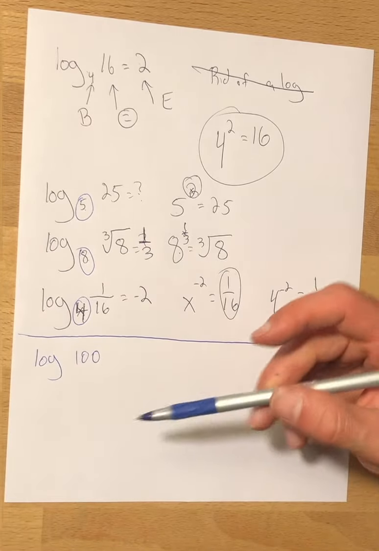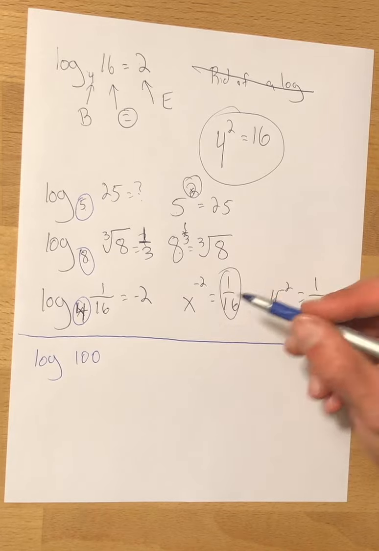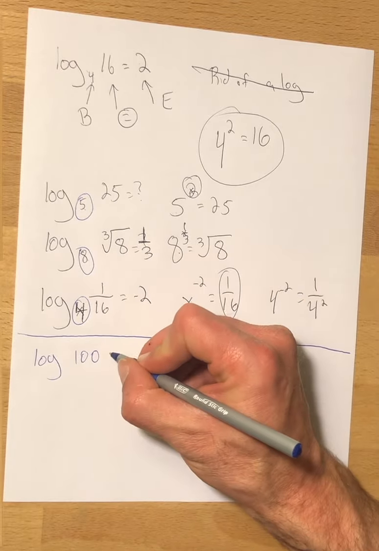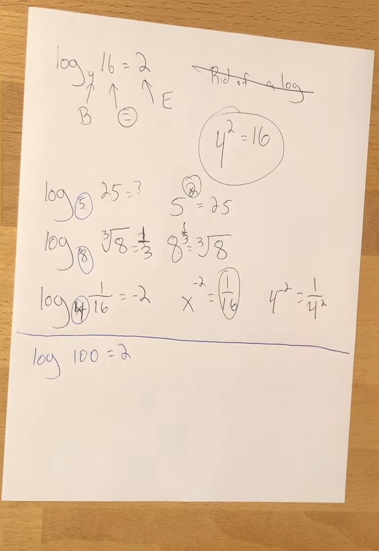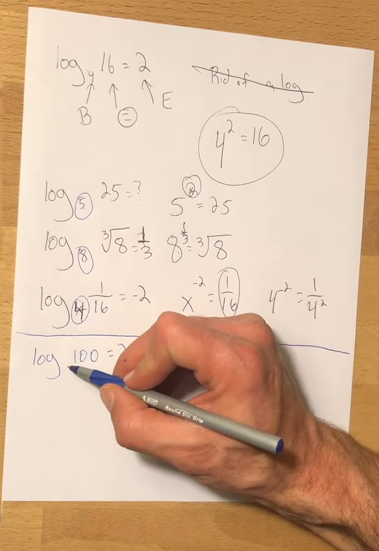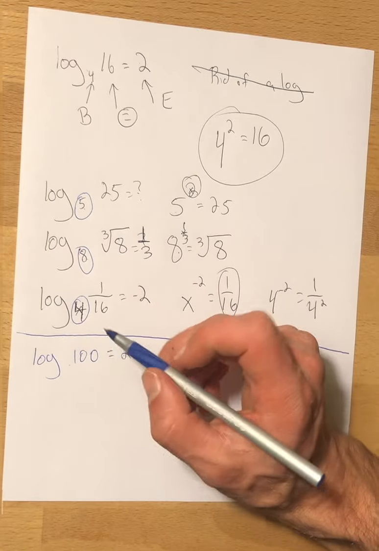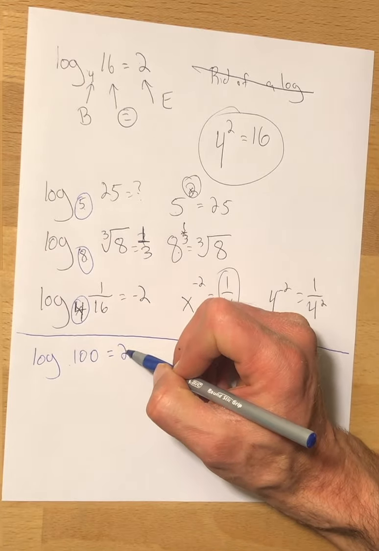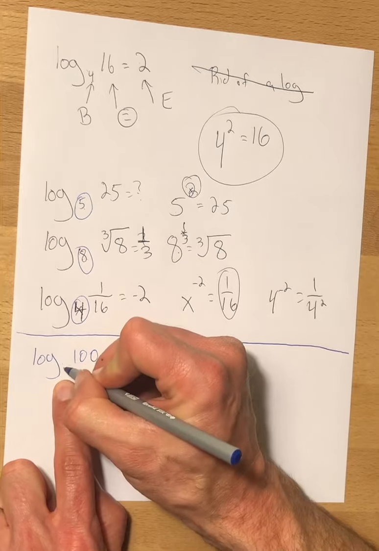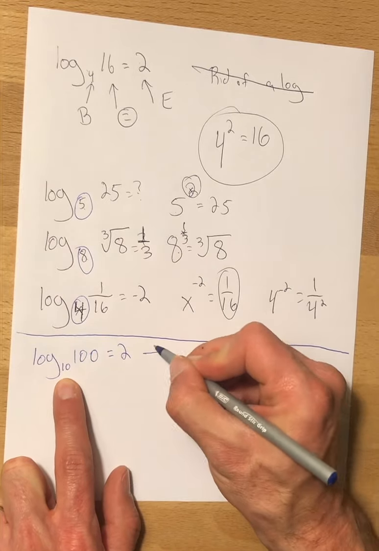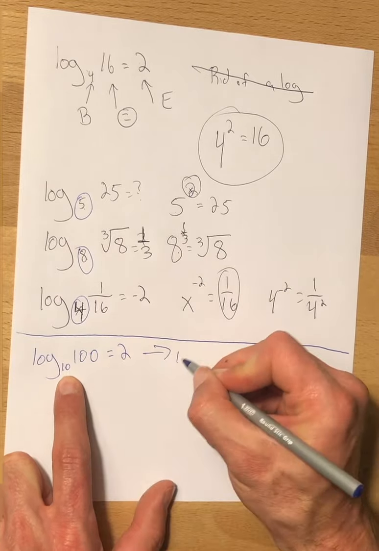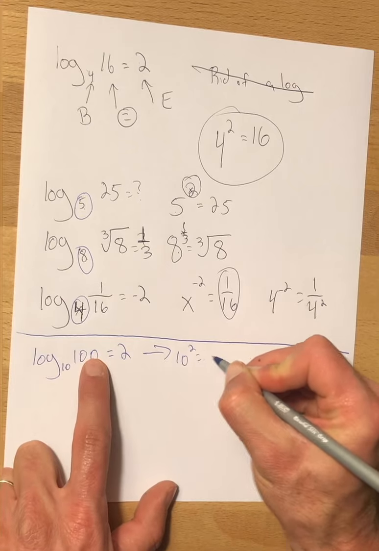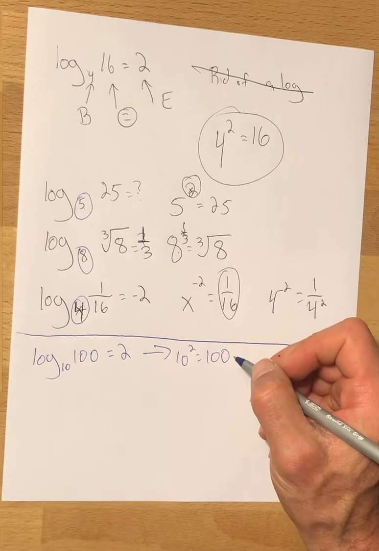What does it equal? It's going to give you 2 as an answer. Calculators only compute logs with base 10, only common logs. The reason it equals 2 is that whenever there's no number, you can assume it's a 10, and this invisible 10 squared is what gives you 100.